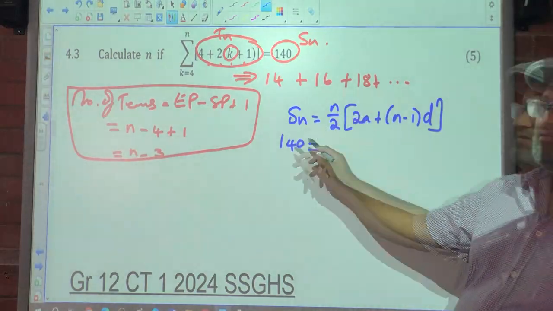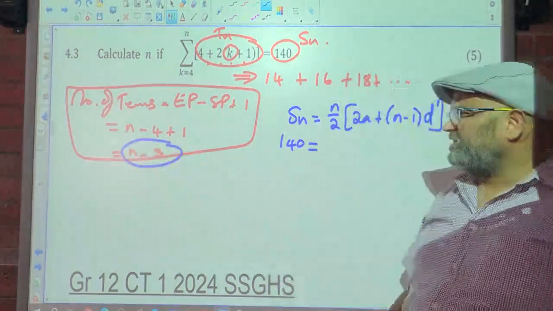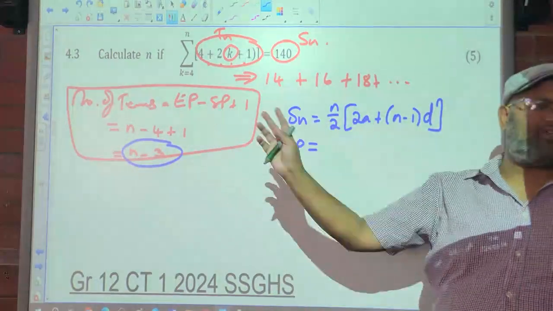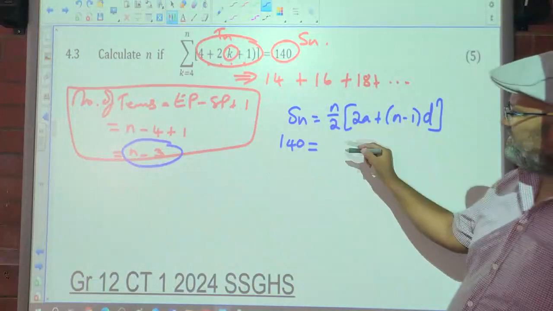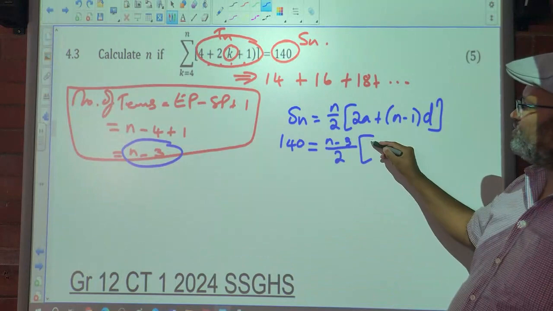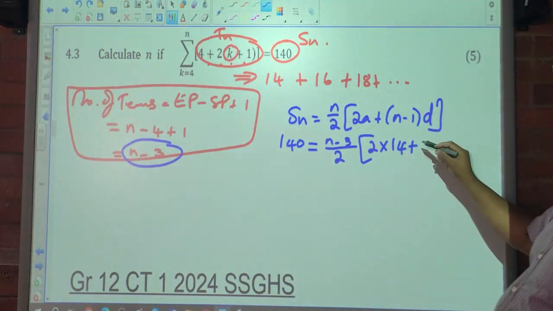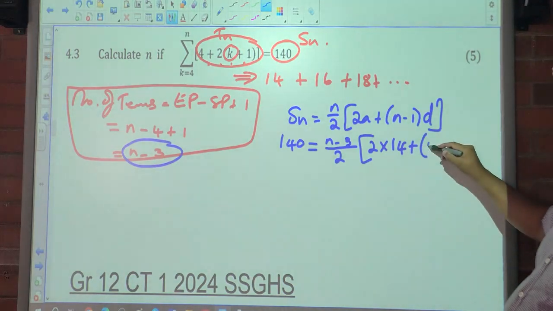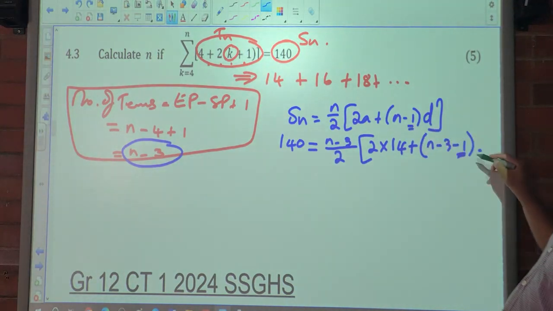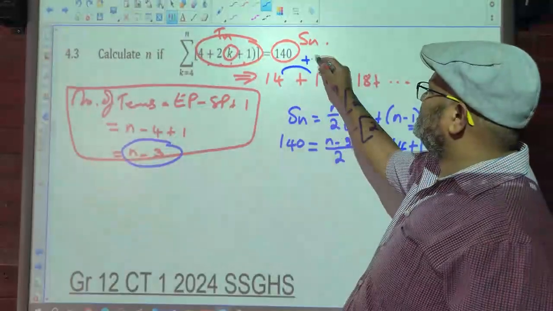What is n now? n minus 3. Okay. People, if you use n to be n, there's no problem. At the end, you want to subtract 3 from the sequence. So it's n minus 3 over 2 into 2, what's my a value? 14, plus your n value is n minus 1. So the n minus 3 minus 1, times your d value of 2. As you can see, I'm adding 2 all the time.